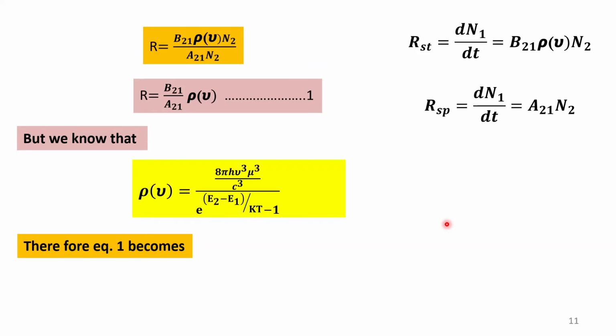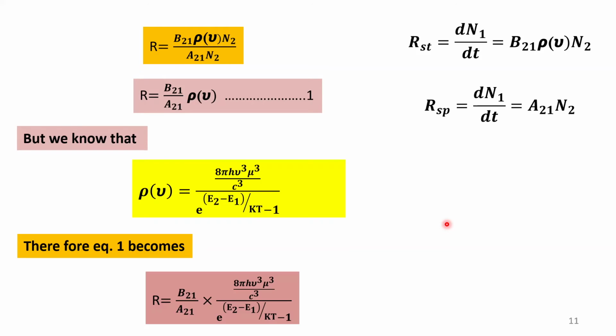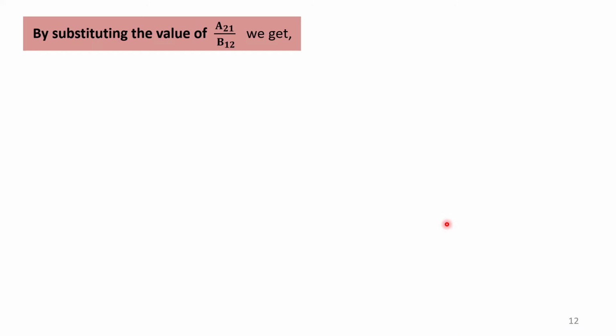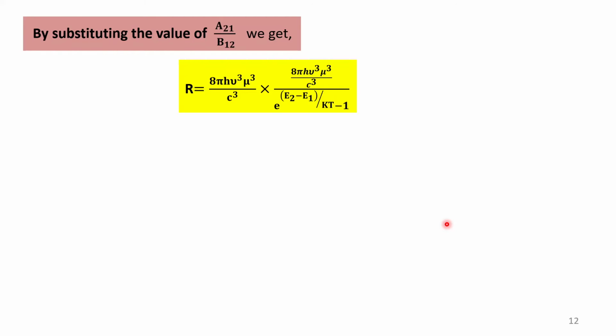Therefore, by substituting the value of rho nu in equation number 1, R is equal to B21 divided by A21 into 8 pi h nu cube into mu cube divided by c cube divided by e raised to (E2 minus E1) divided by kT minus 1.